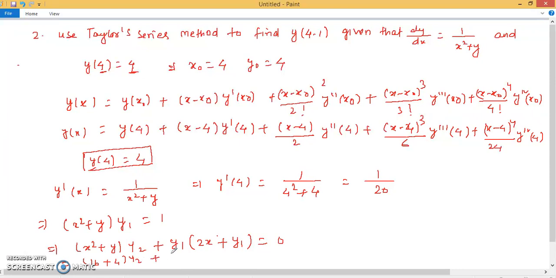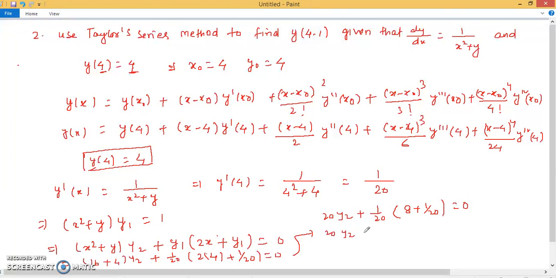So y2 plus y1, which is 1 by 20, times 2 into 4, plus y1 value, 1 by 20, is equal to 0. If you substitute these values, you will get the value of y2. You can simplify: 4 plus 16 is 20, so 20 y2 plus 1 by 20 into 8 plus 1 by 20 is equal to 0.